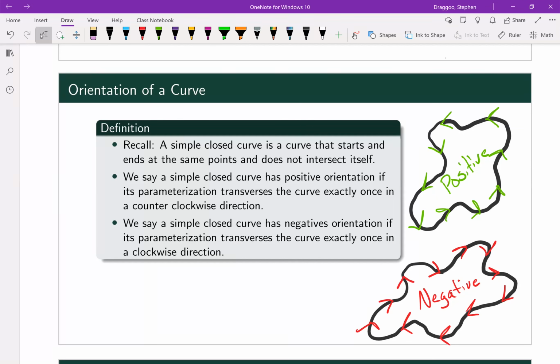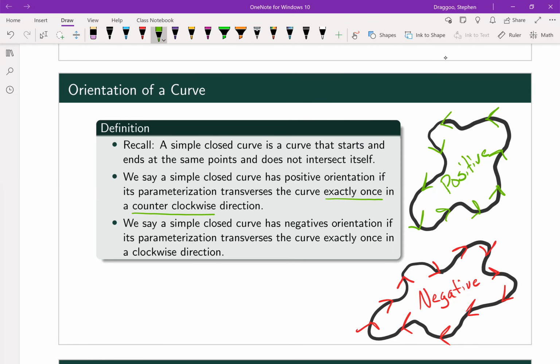And we'll say that a simple closed curve is positive if its parameterization traverses the curve exactly once and in the counterclockwise direction. So here, the exactly once and the counterclockwise are the important bit.